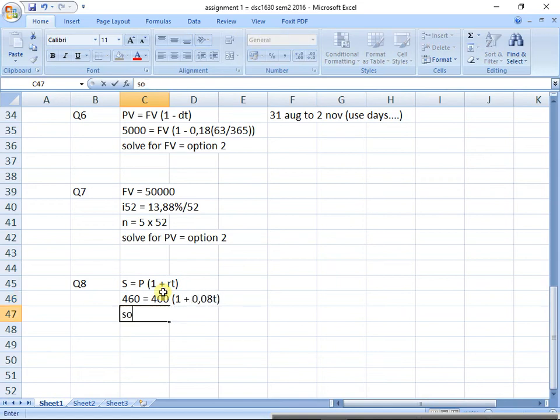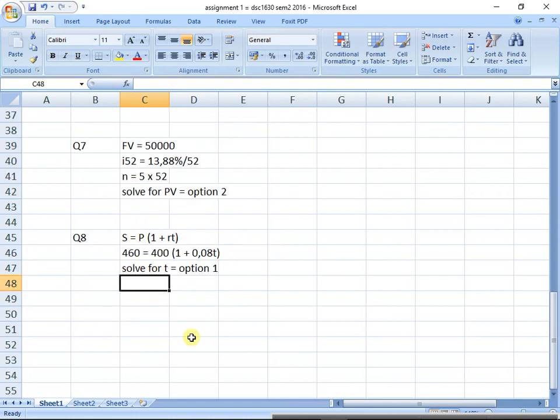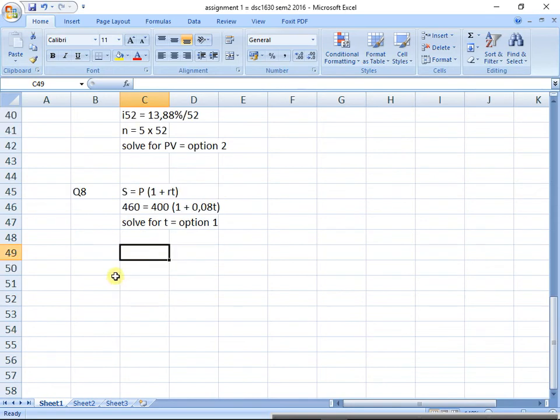If you solve for t, you should be getting option 1. So there's the equation, there's the amount. I take the amounts to the left and the right. I do some mathematics, and option 1 is the answer that I'm left with.